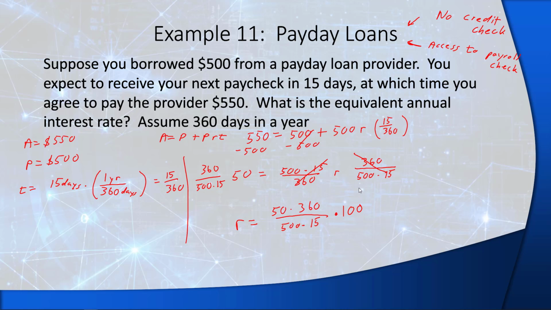And if I do, what I have is 240%. And that is an amazingly large interest rate. That is actually 10 times more than what typical credit cards charge for an interest rate. And this is one reason why these types of loans are criticized, is because the interest rates are amazingly, amazingly high.